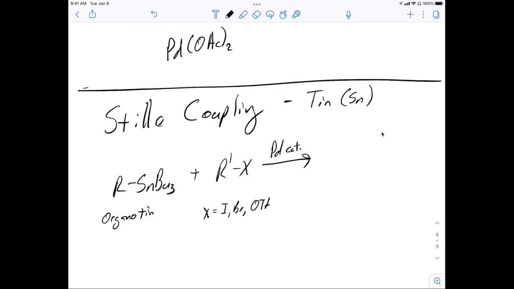For this one, it could be either palladium acetate or palladium tetrakis(triphenylphosphine). And this gives me my coupling.